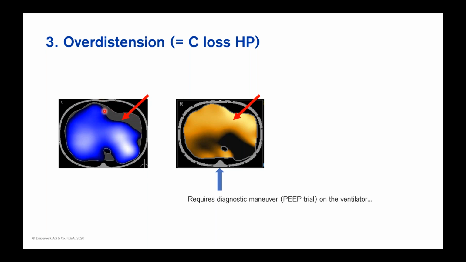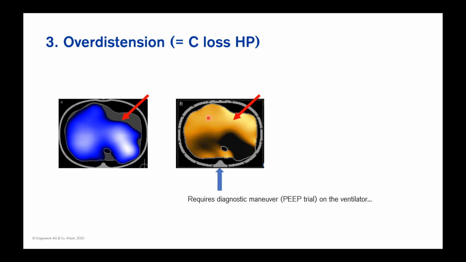So at the lower PEEP level, this area was actually blue. And now if you increase the PEEP and you see a reduction in the ventral part where the compliance has been lost or the ventilation has been lost, then this is already an indication of overdistension.